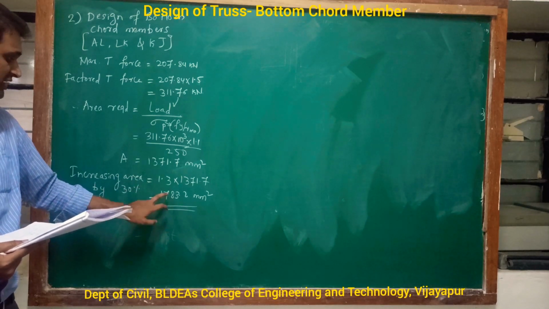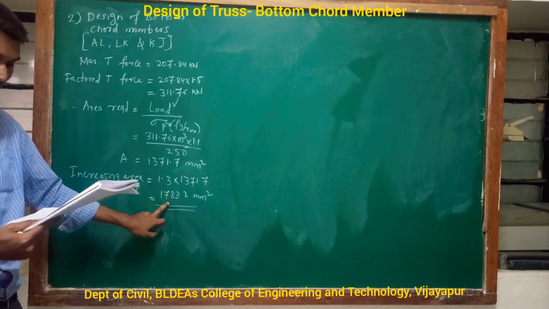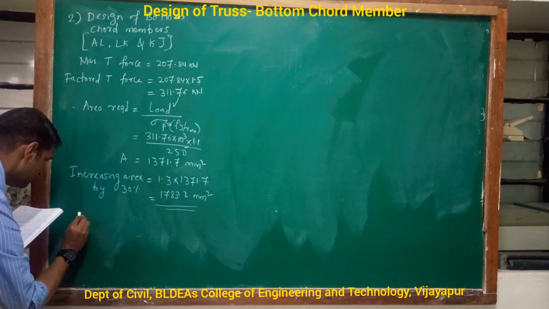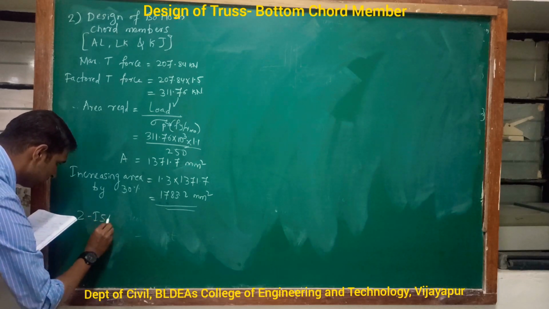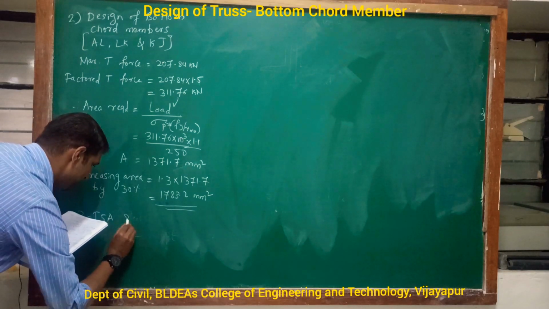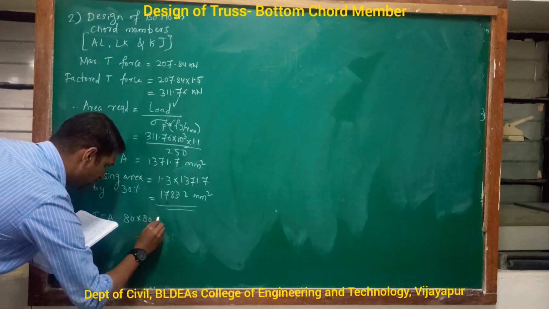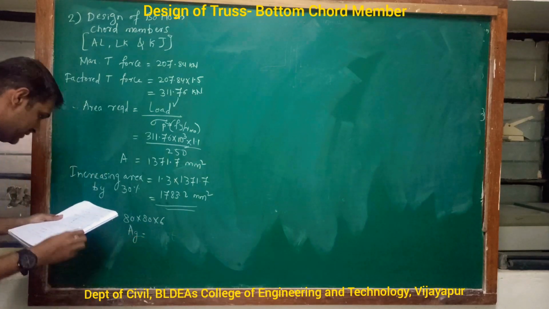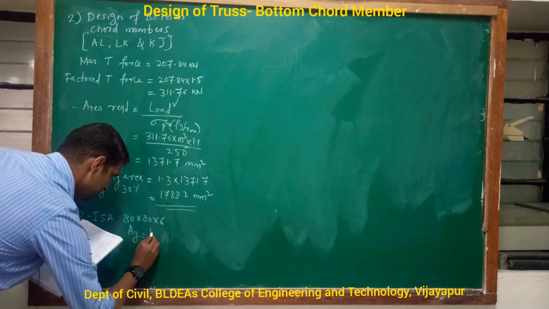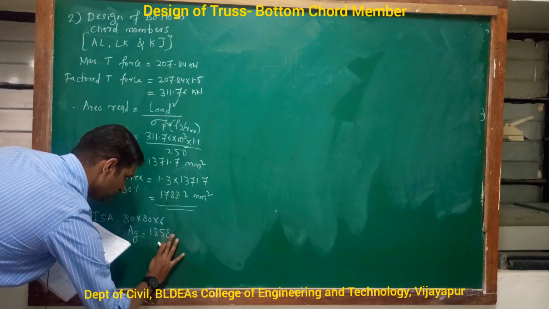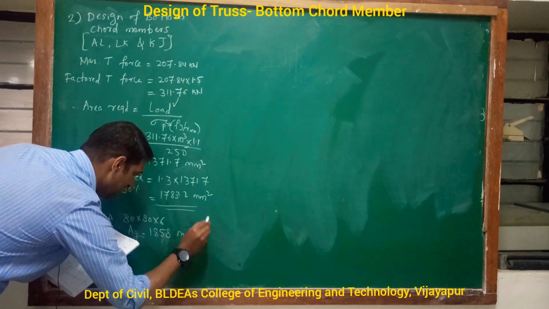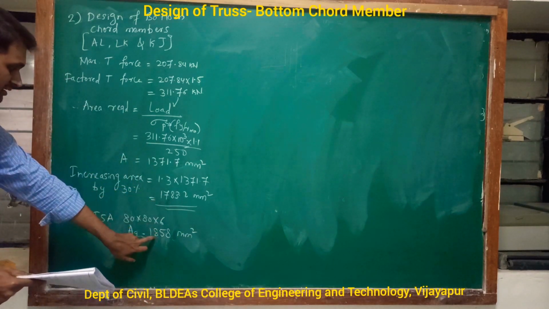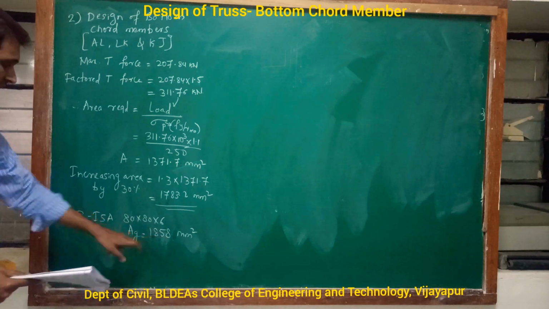Now referring to the steel table, we have to identify a double angle having area at least equal to or greater than 1783.2. So now here we are adopting 2 ISA, that is 80 into 80 into 6, whose gross area is 1858 square mm. We have adopted area more than the required.